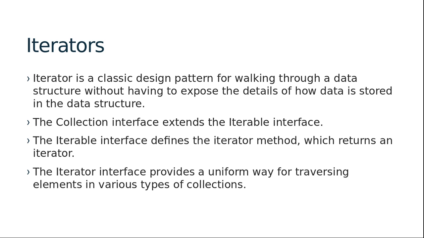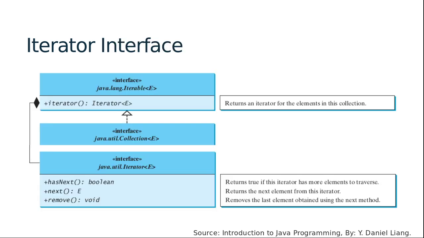The iterable interface has a method iterator, and that method is going to return an iterator object. Now the iterator object is actually of the iterator interface, which defines a few methods which will be helpful to iterate a collection. Just to understand this entire thing, let's have a look at the graphical structure here.